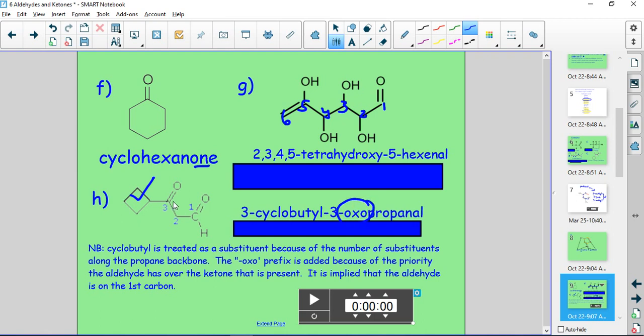When a non-terminal carbonyl is not a priority group, like in this case because the aldehyde's priority, you name it like this. You write oxo, O-X-O. So off the 3rd carbon, you have an oxo right here, off a parent that is propanal, and that's the name. Rule summarized at the bottom.